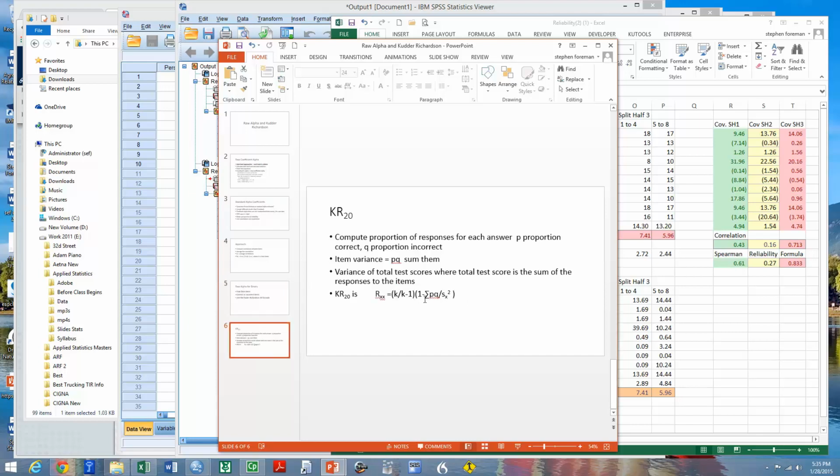And here is that formula at its simplest. The item variance is the probability of correct, or the proportion correct, times the proportion incorrect for each question. The variance of the total scores is the sum of the responses to the items.